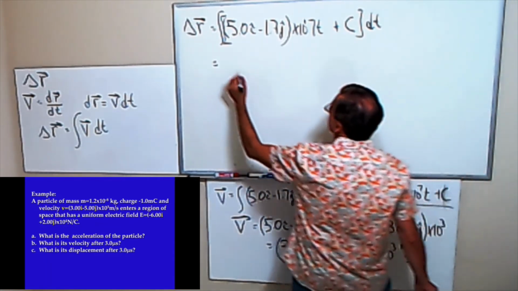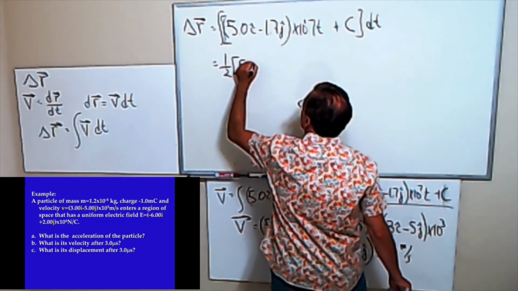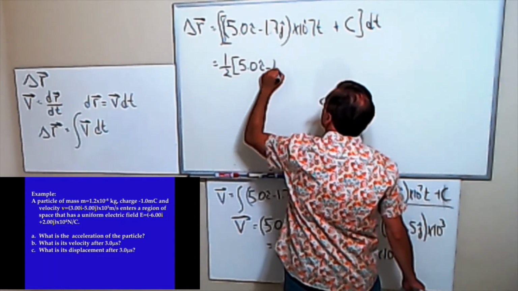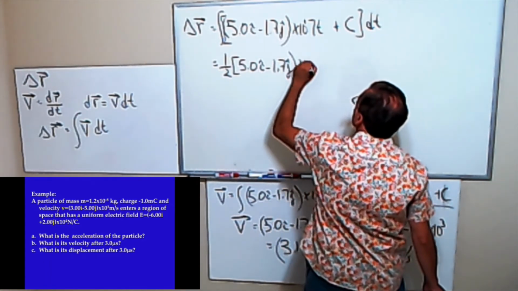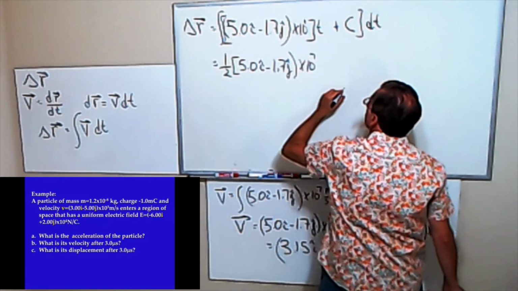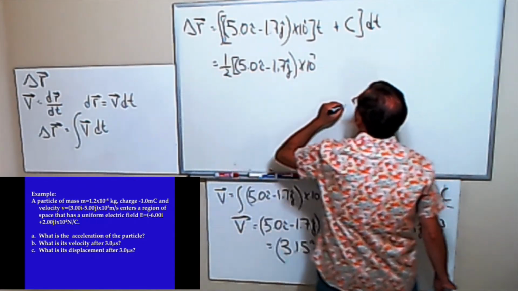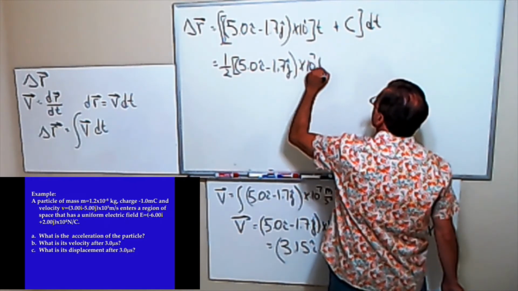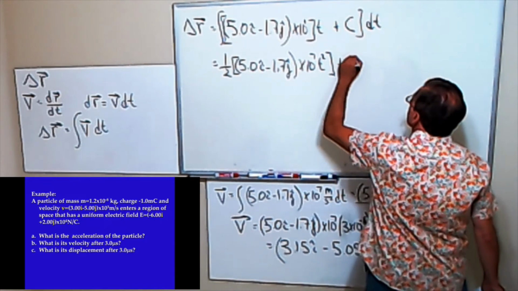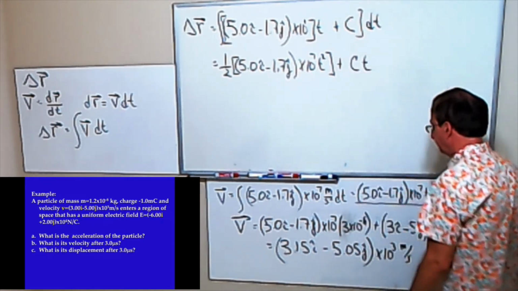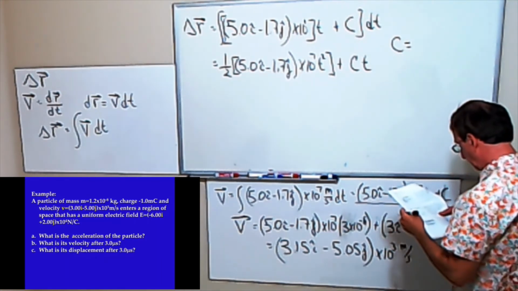When you integrate this, C was our initial velocity, so let me write that down.